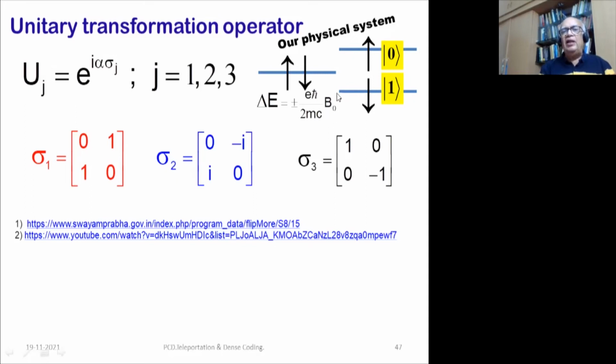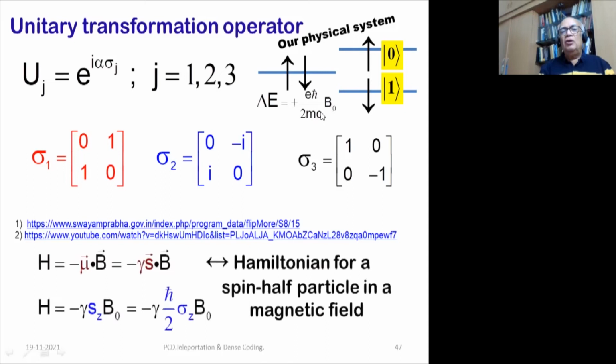So there is an energy splitting over here, which is plus or minus ħ/2 times gamma times the value of the magnetic field, which is used to break the degeneracy. It is a perturbation that he applies, minus gamma S dot B, with which he breaks the degeneracy.